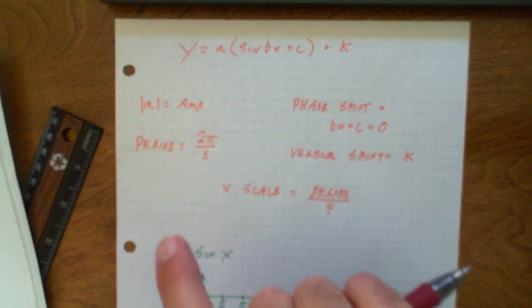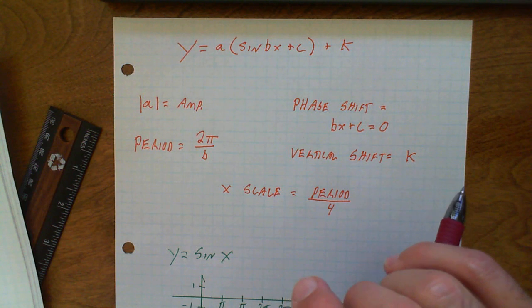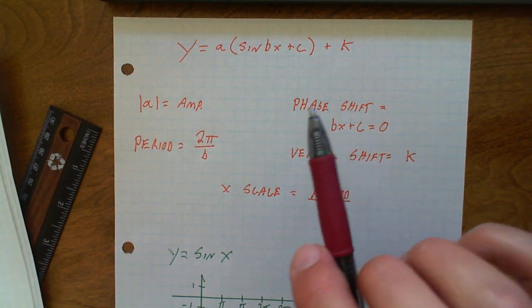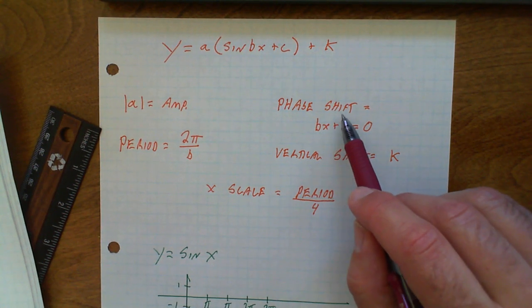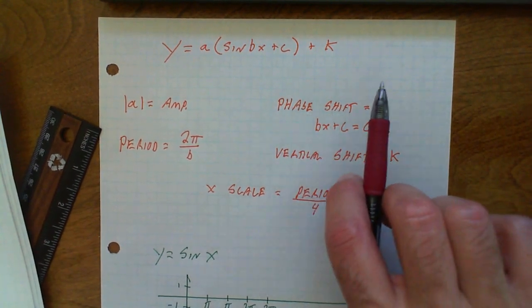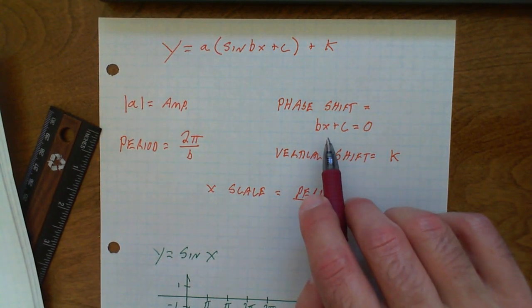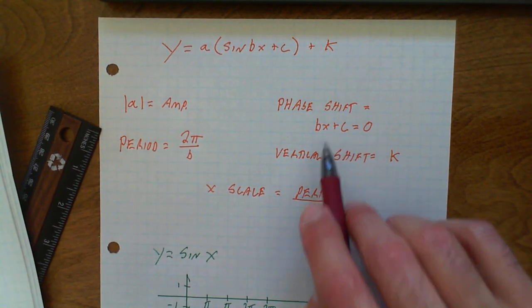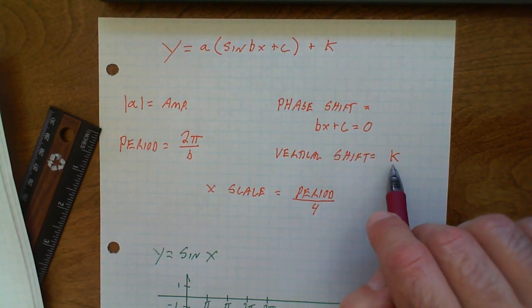That's how long it'll do one revolution. So up, down, up, that's what would be sine. Cosine would be up, down, up also. Phase shift, that's the left and right. We're going to determine where our starting point is by setting bx plus c equal to 0 and solving for x. The vertical shift will just be the k.